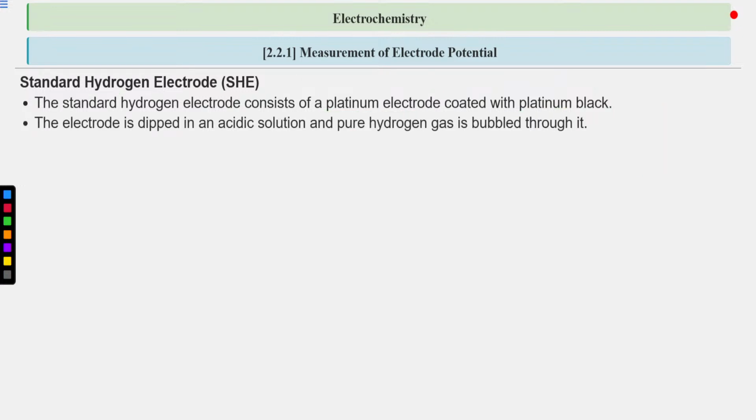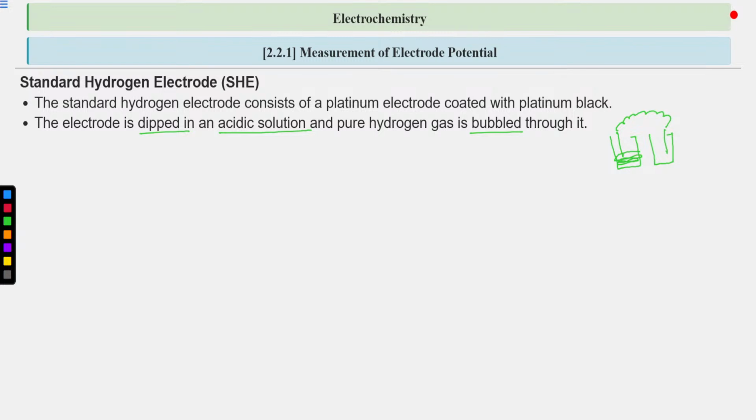Now the electrode is dipped in the acidic solution and pure hydrogen gas is bubbled through it. In the other types of cells, we have seen two beakers, each having its own electrode and solution, and these two electrodes are connected through a wire, through which current flows externally, causing the functioning of the cell.